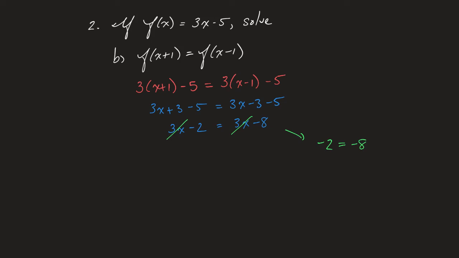Or maybe I keep going on that line and I get all my x's on one side, so it's a 0x, and I get all my constants on the other side, so it's a -6.